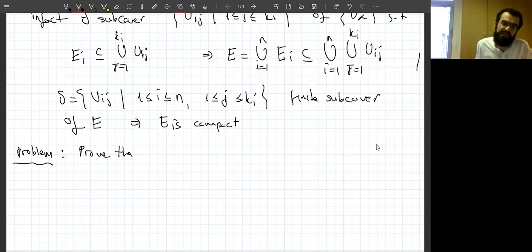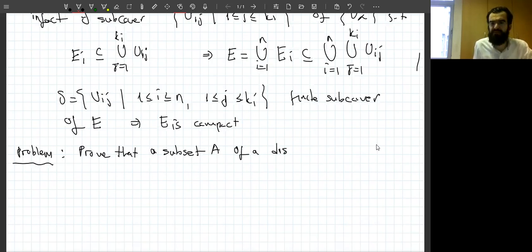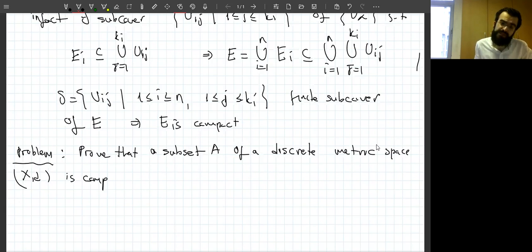Prove that a subset A of a discrete metric space (X, d) is compact if and only if A has a finite number of elements.